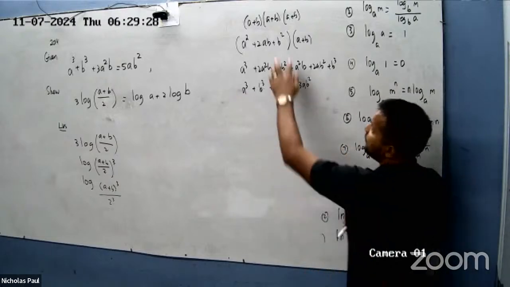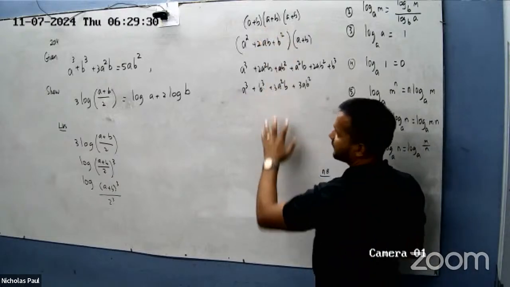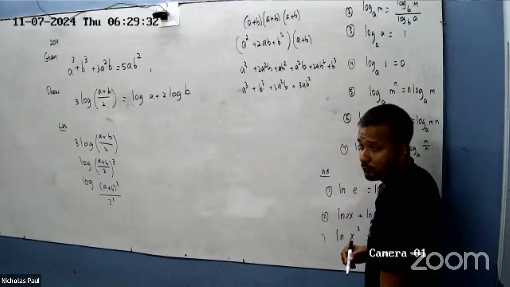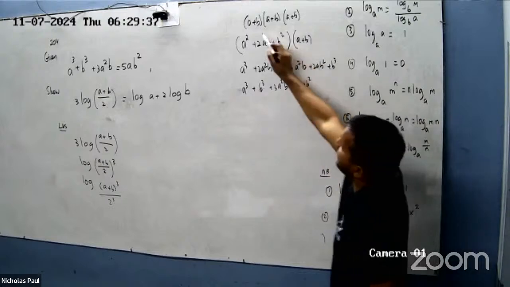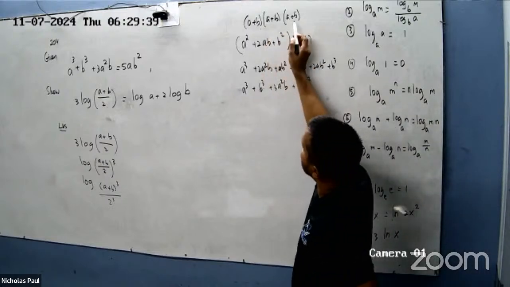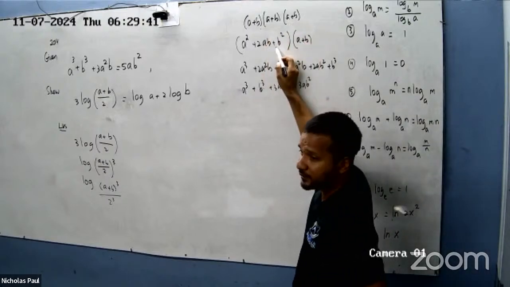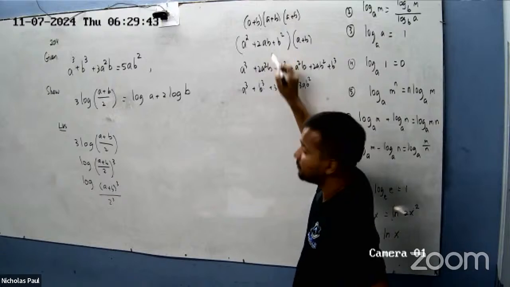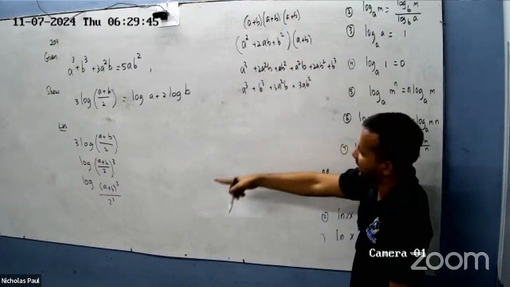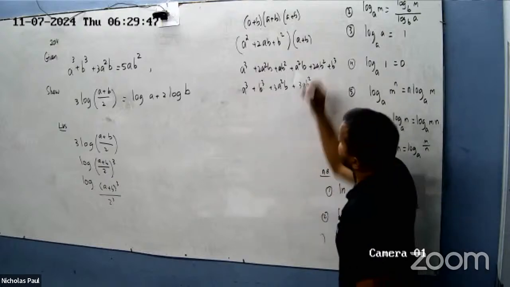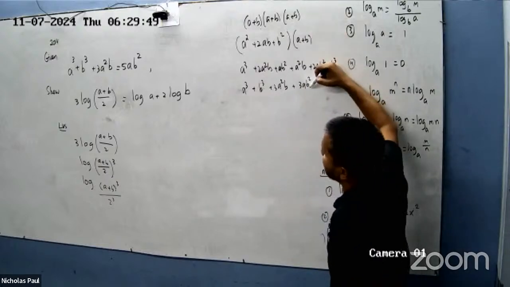So if you expand this properly, you're going to get that. Are you okay with that? So expand these two, you get this, and then multiply this by this. That's okay? And now we can take that and put it in there. So the expansion for (a plus b) cubed is this.